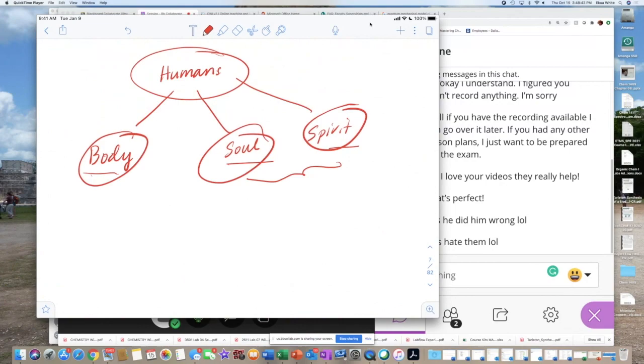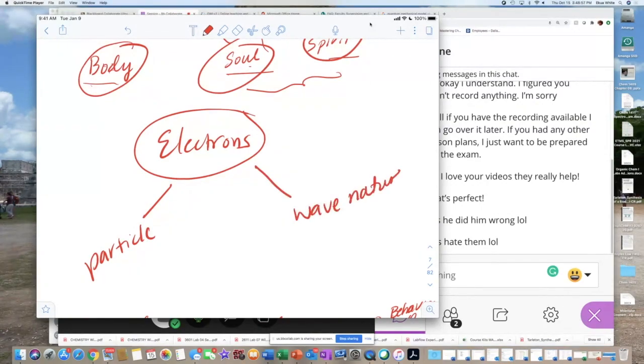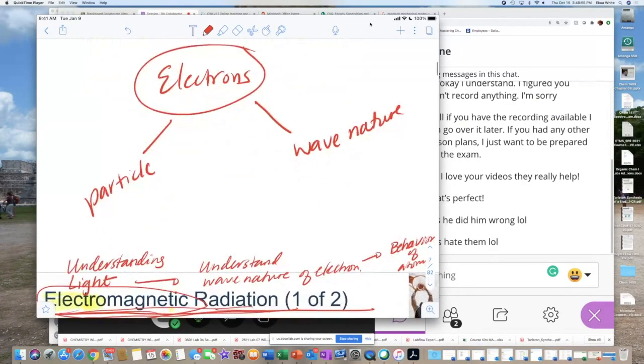And then just like humans have a body, soul, and a spirit, electrons have two natures. That will be a particle nature and a wave nature. Since I'm giving you just a big picture of this, the wave nature ultimately is the part that gives us all the wireless technology in the application sense.